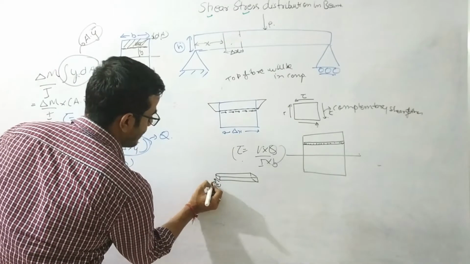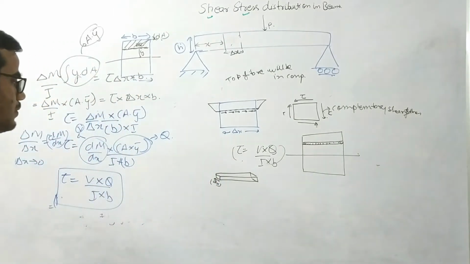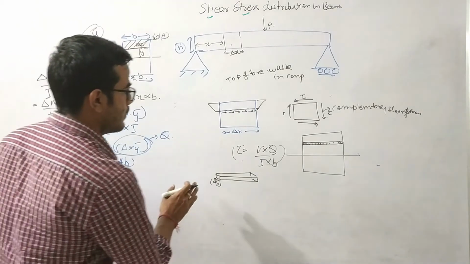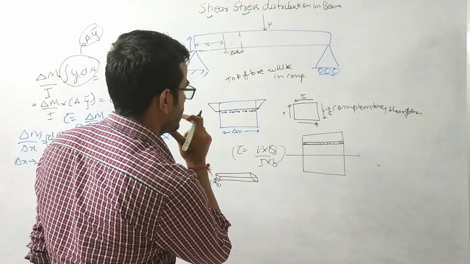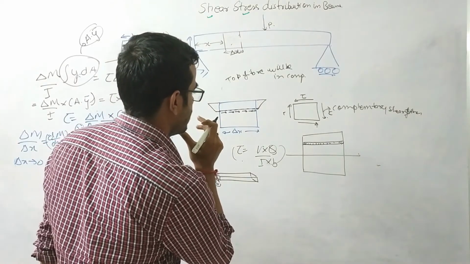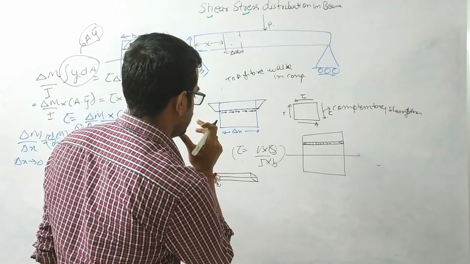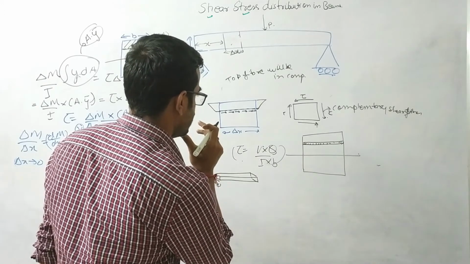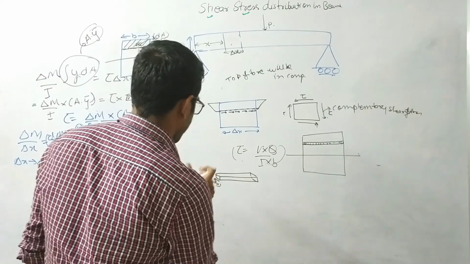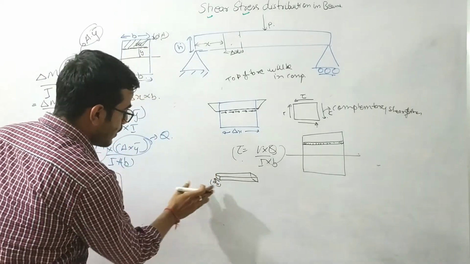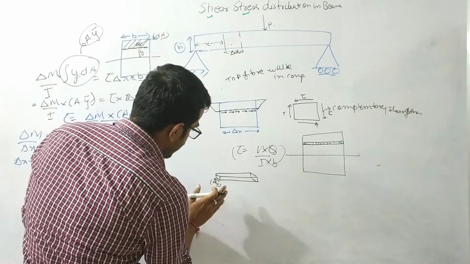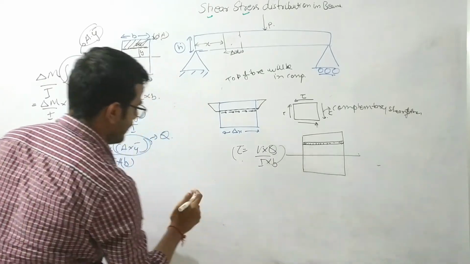This is my dx length. Okay, this is not dx, this is the cross section now.